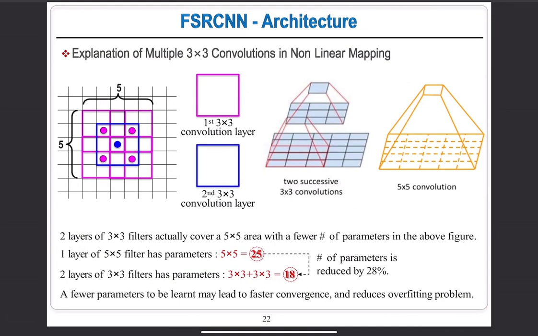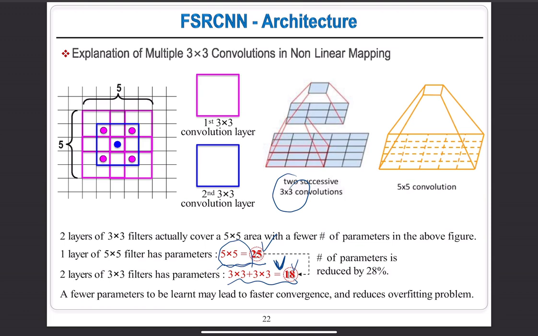Here we can discuss another key design choice in FSRCNN: the replacement of wide filters with deeper stacks of small filters. As shown here, two 3 by 3 convolution layers effectively cover the same receptive field as one 5 by 5 layer, but with fewer parameters, such as 18 compared to 25.